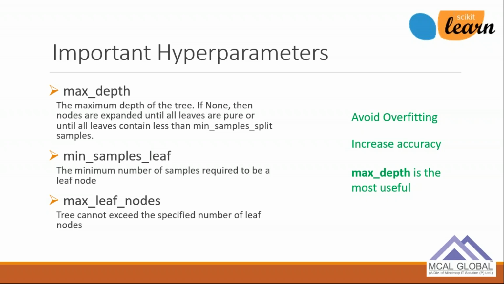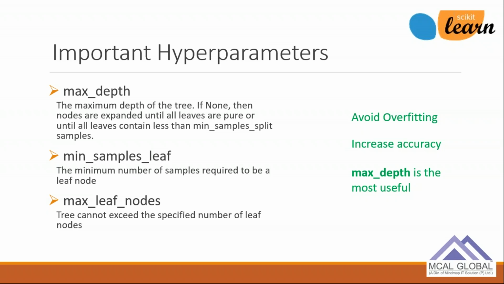How? So let's say when I keep on cutting, the number of data points in a particular node keeps on decreasing, right? First I'll explain these, and then I'll draw it on my iPad so that you understand better. So minimum samples leaf is basically the minimum number of samples required to be a leaf node.